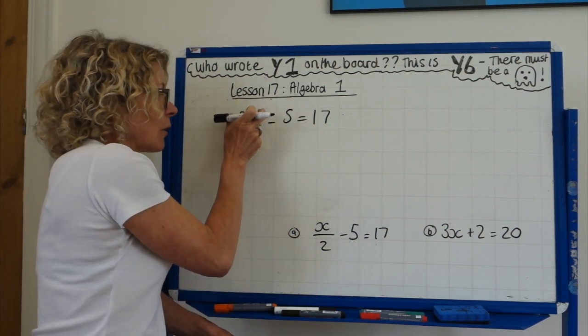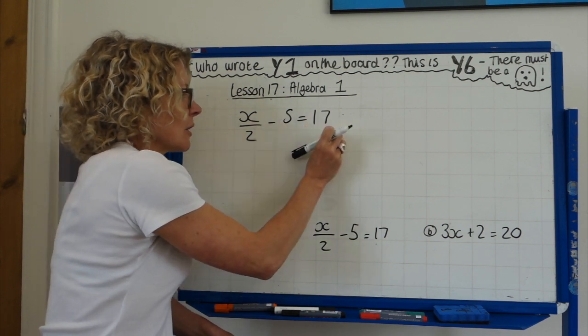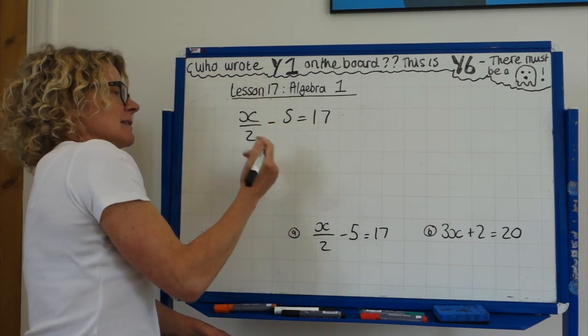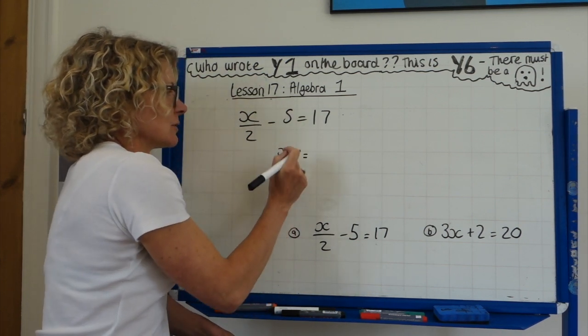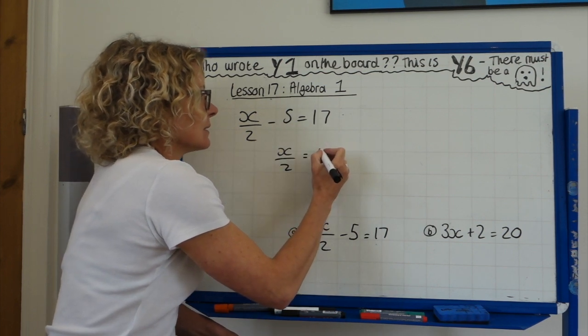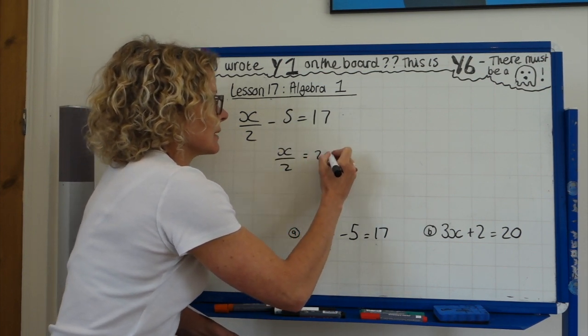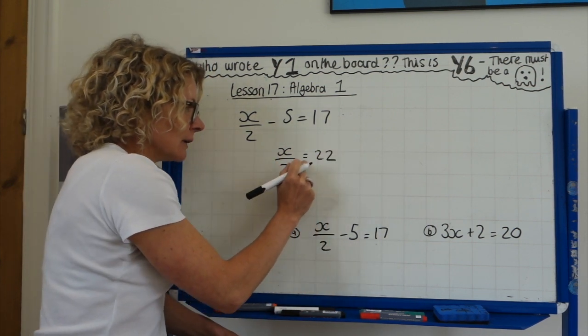We need to find out what that little x there is worth, okay? So we do opposite operation to get that x on its own, really. So x divided by 2 equals 5 plus 17. So 5 plus 17 is 22. So x divided by 2 equals 22.